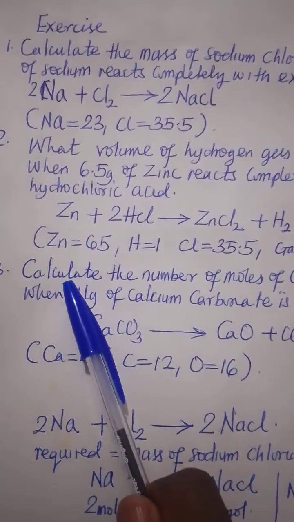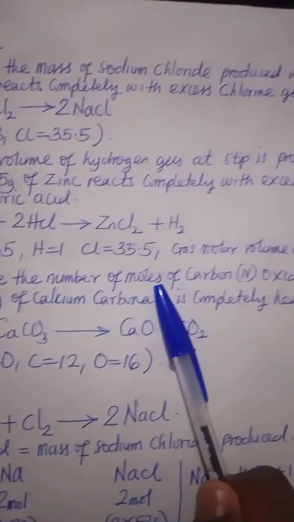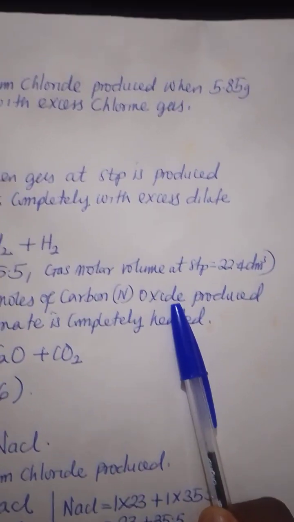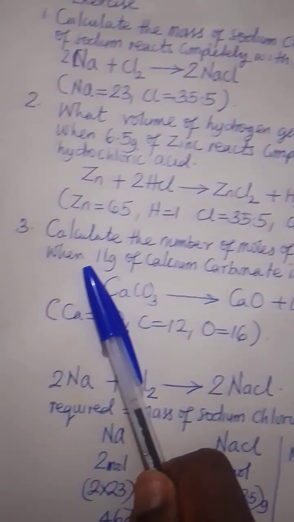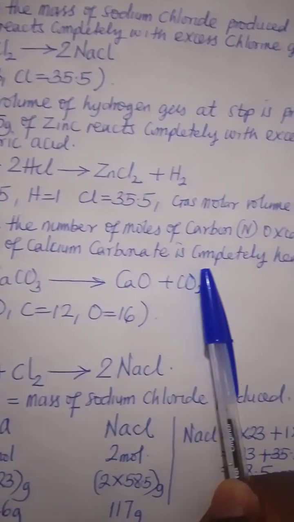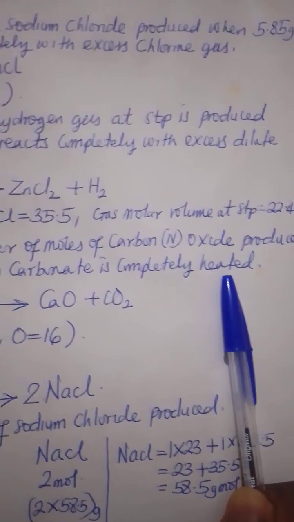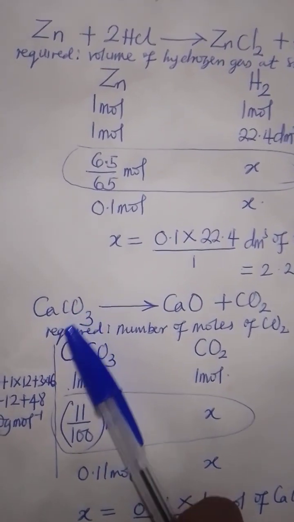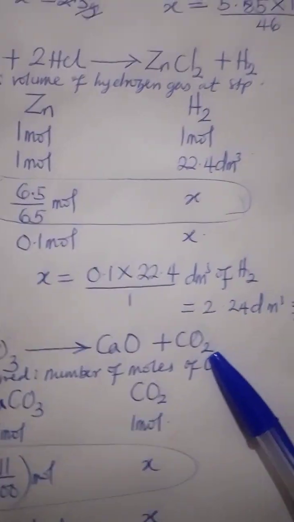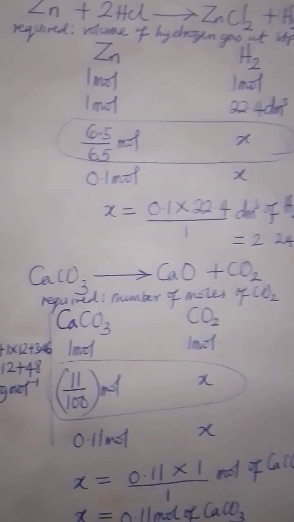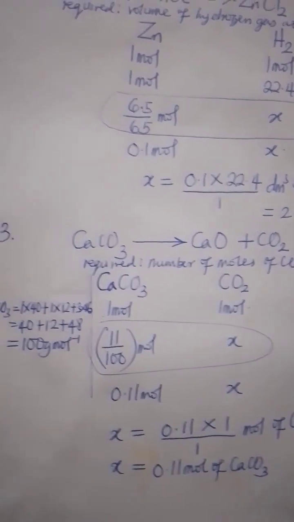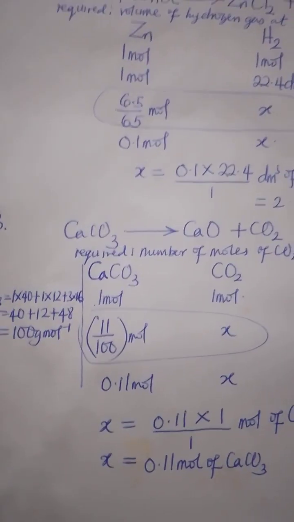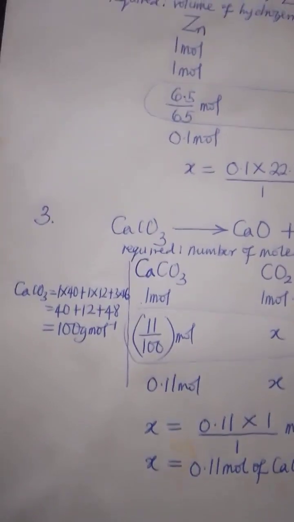We'll take the last question now. Calculate the number of moles of carbon dioxide produced when 11 grams of calcium carbonate is completely heated. Okay, so we're told to calculate the number of moles of CO2 gas, and don't forget we're given 11 grams of calcium carbonate.